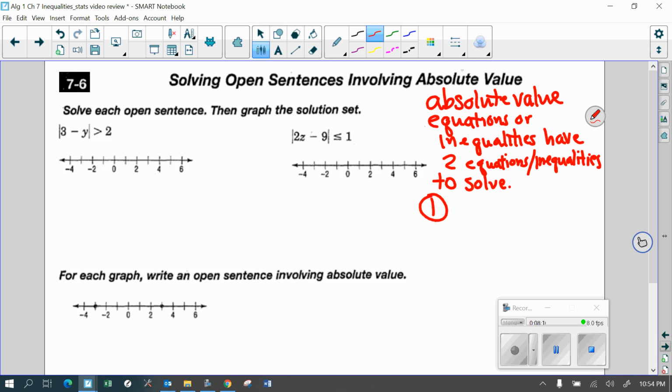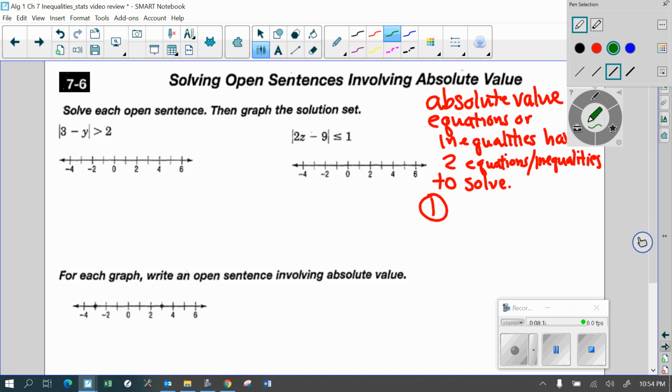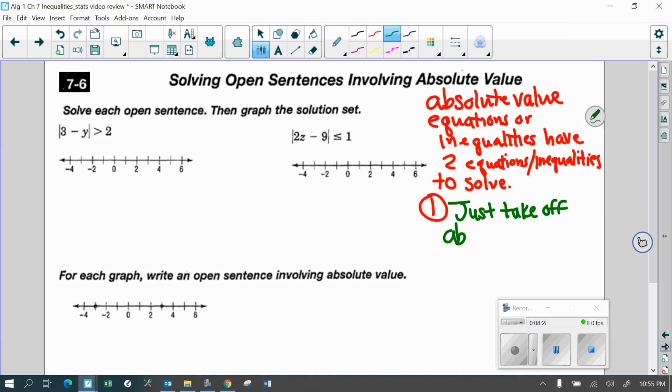Number one, first one, just take off the absolute value symbol and solve. That's the first answer.